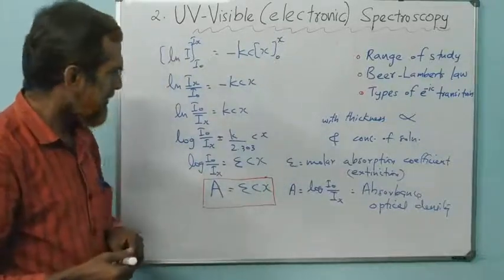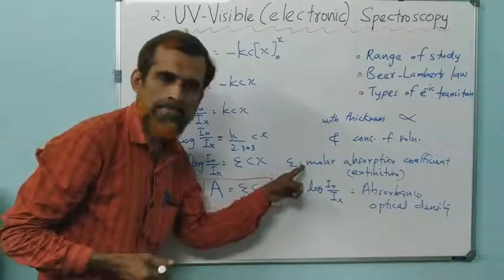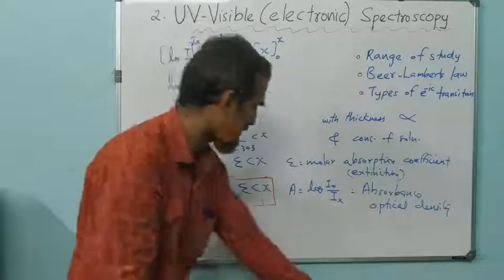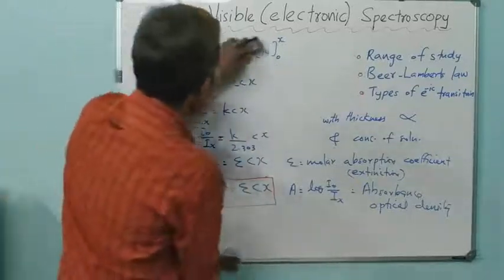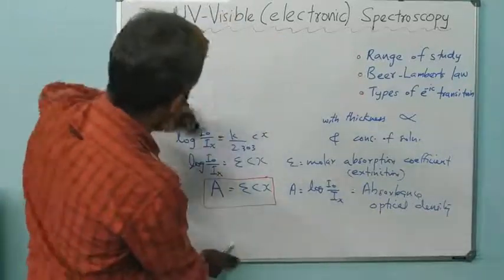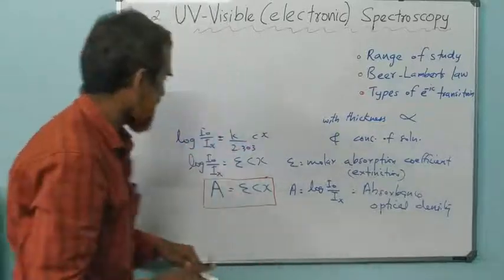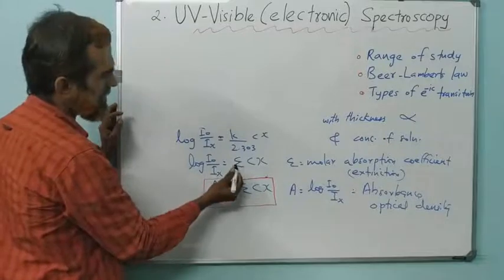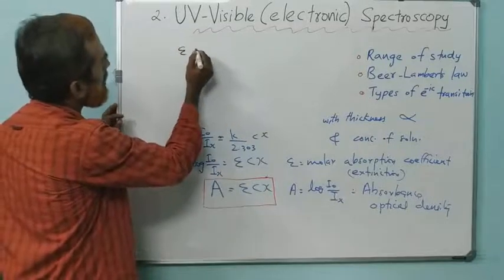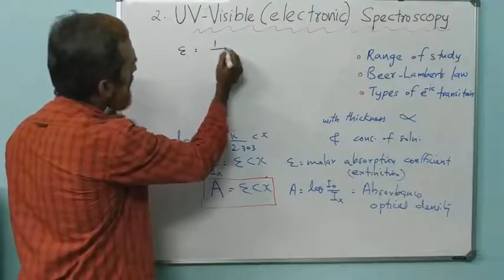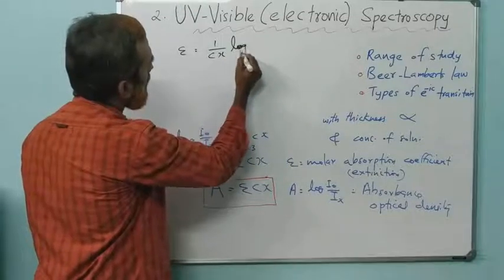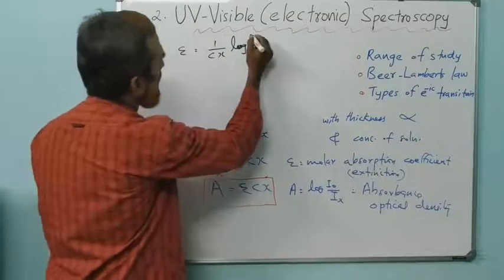Now finally, we have to define this constant, molar absorption coefficient. For that purpose, for making a definition, we will write it like this. Here from this we can get epsilon is equal to what? 1 by cx log I0 by Ix, right?